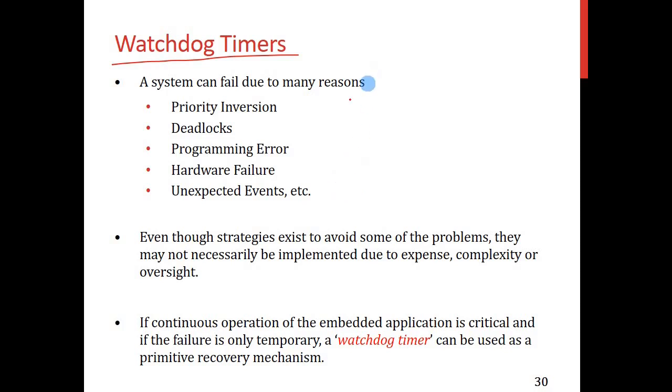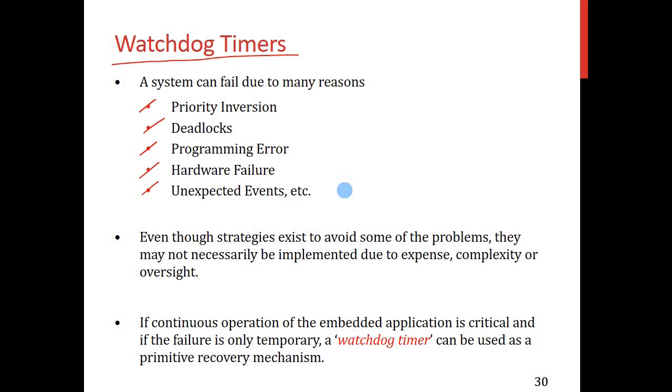What we saw just now are things like priority inversion and deadlocks. It could be a programming error, some hardware failure, some unexpected event, a battery being drained unexpectedly, some sensor failing that your system is unable to compensate for, and so on. So a system can fail for many reasons.